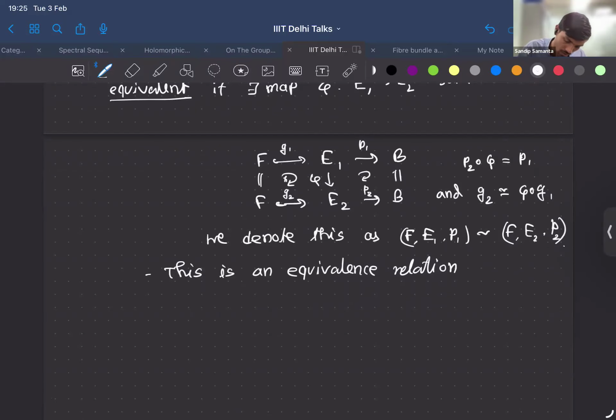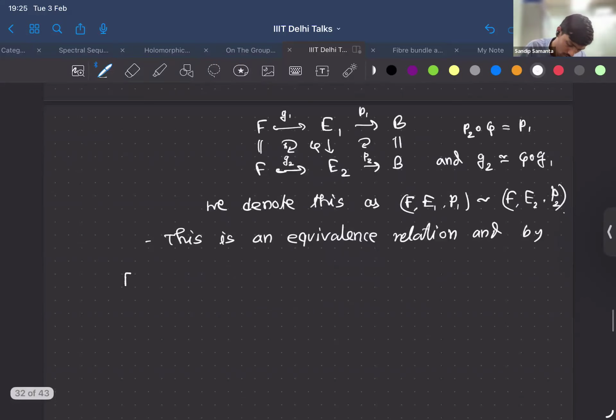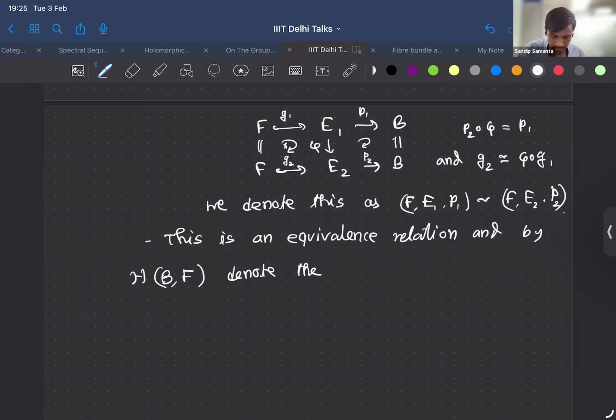And we denote by HPF the equivalence classes of all those fibrations over B with fiber F.